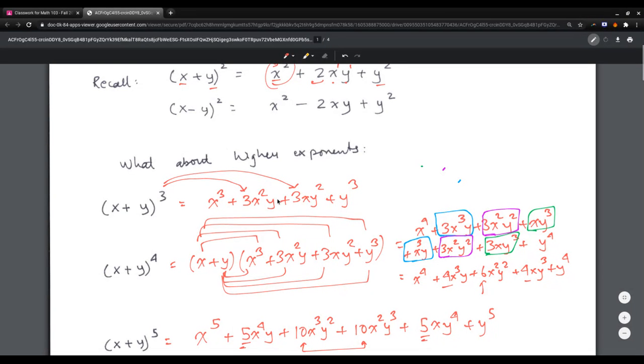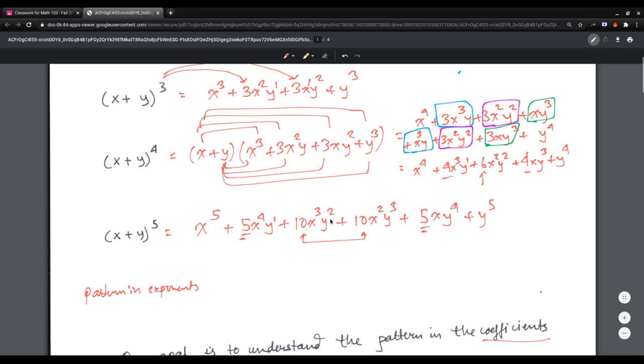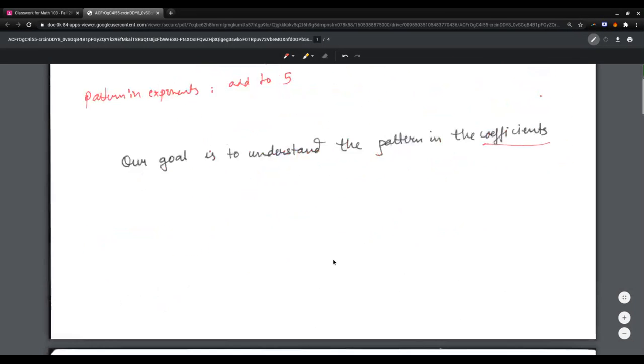So you have 3 here, 2 plus 1 is 3, 1 plus 2 is 3. Then you have 4, and 3 plus 1, and 2 plus 2, and 1 plus 3. Similarly, 5, and 4 plus 1, 3 plus 2, 2 plus 3, 4 plus 1. So they all add to 5 in this case, or 4, depending on what you're working with.